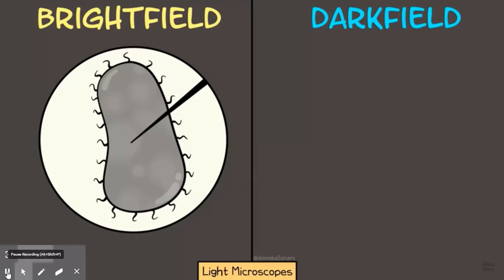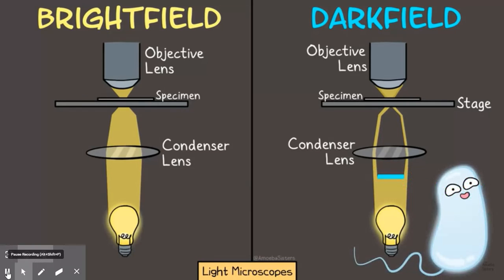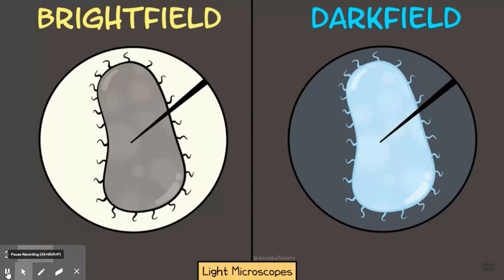Bright field light microscopes tend to be what people are most familiar with, typically producing a darker image on a light background. With a dark field light microscope, you have a piece that blocks the light source, called a light stop. The idea is that most light has been blocked, so the only light you see is light reflected or refracted from structures within the specimen that you're looking at. So you tend to see light images on a dark background.